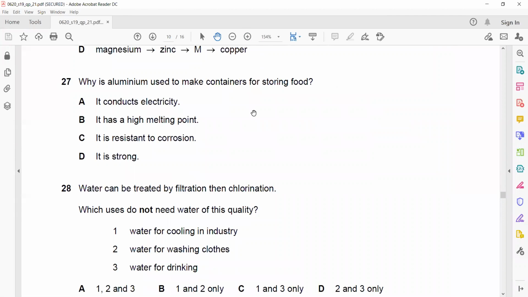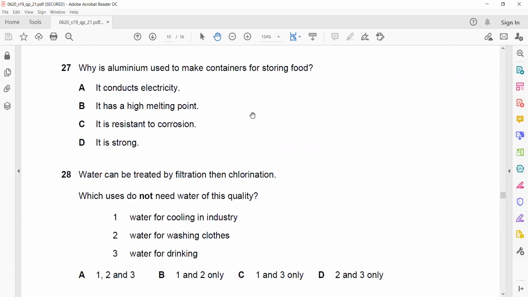Question 27. Why is aluminum used to make containers for storing food?